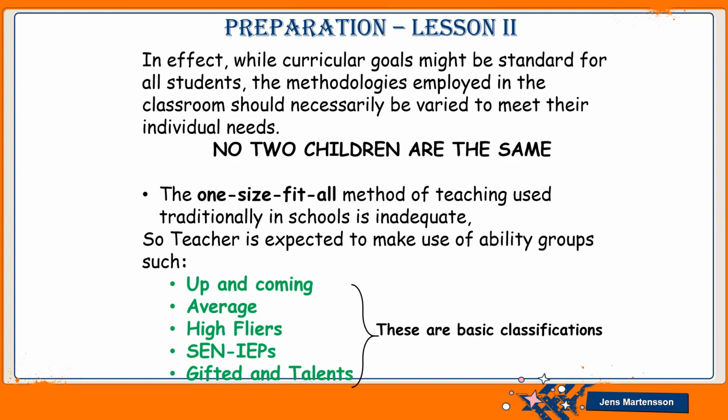Those who are average, of course, they are average students, and the high flyers. We have the special educational needs students for whom you have to develop an individual educational plan. And we have gifted and talented students. These ones are those you always keep engaged in your classroom so that they don't disrupt the learning.